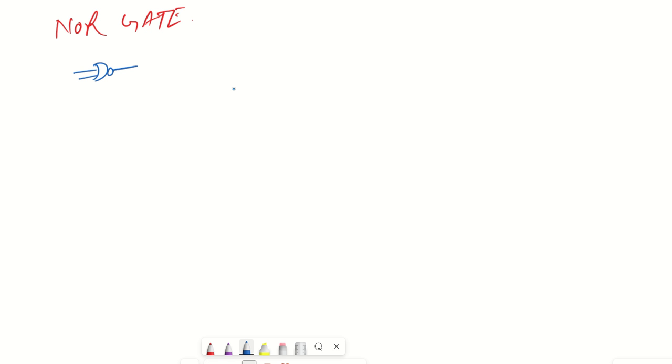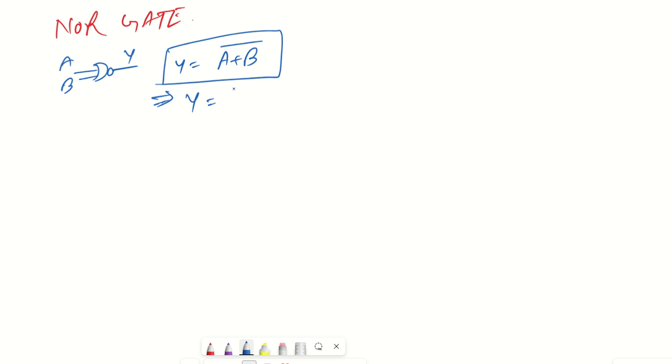This is my A, this is my B, this is my Y. Y is equal to A plus B, that is OR, and the complement of that is my NOR. This can also be written as Y equals A bar into B bar, by De Morgan's theorem.